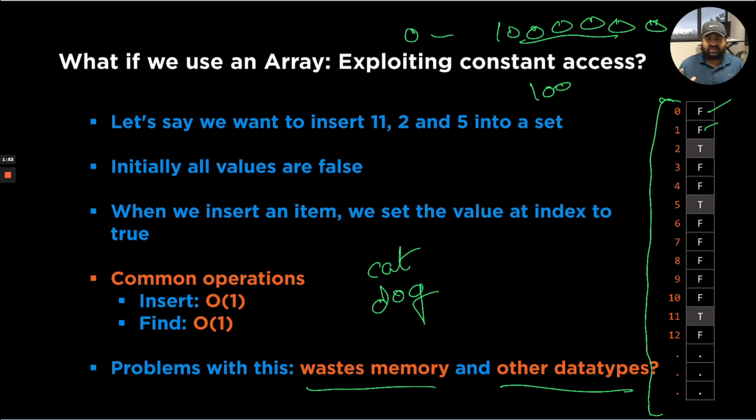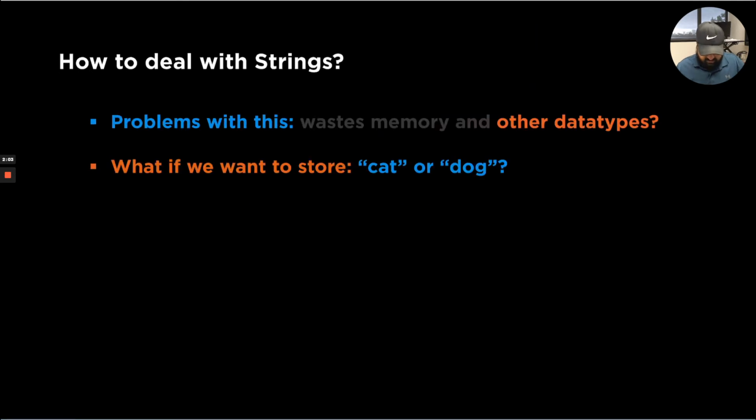But essentially, a hash table is nothing but storing values into an array or a table for quick insertion and retrieval. So let's try to understand how we deal with another type of data, let's say strings. We are first trying to solve the problem of what if there are other data types. If I want to store cat or dog, how can we represent them? There could be a lot of different approaches.